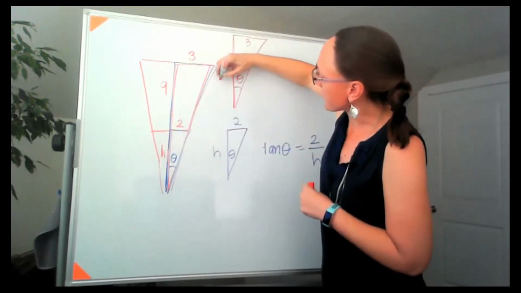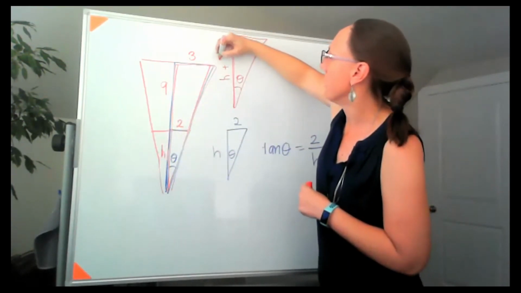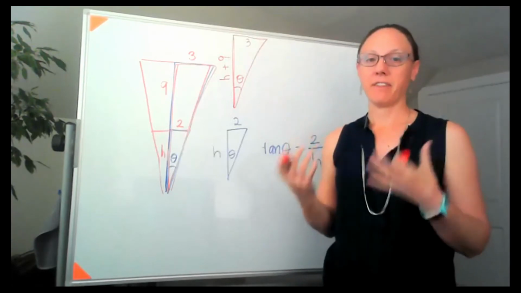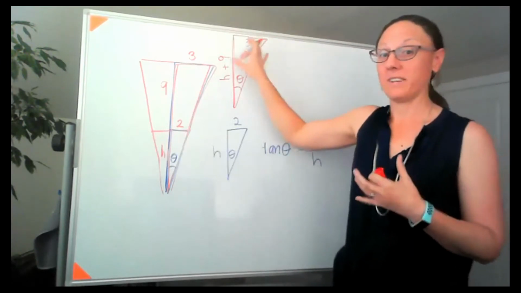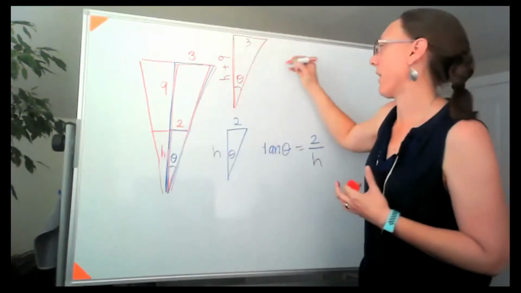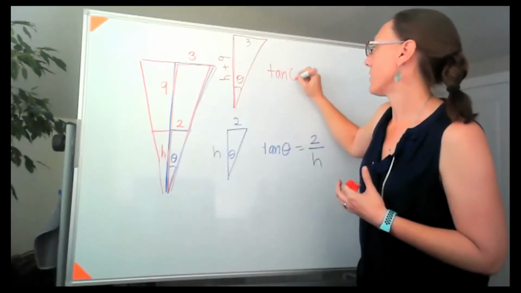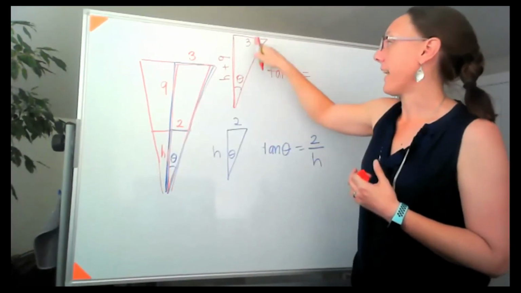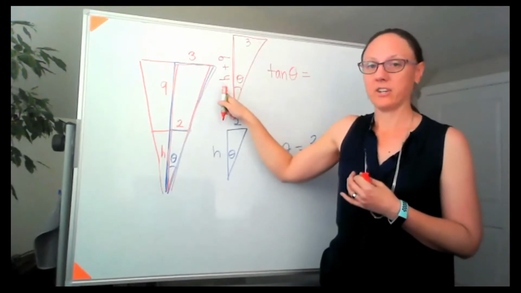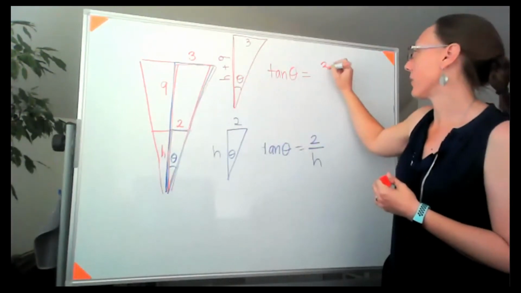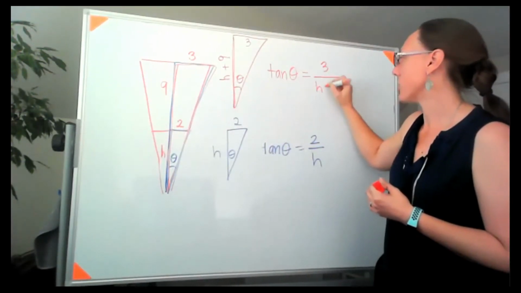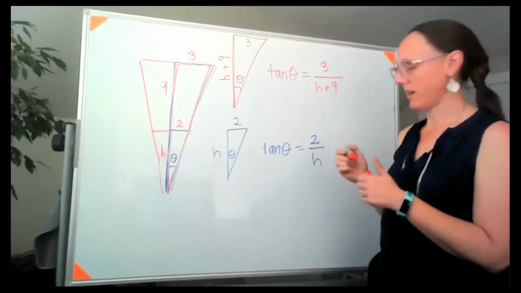So this whole side is h plus 9. And if I think about setting up what tangent of theta looks like for this triangle, if I stick with tangent theta, I've still got an opposite over adjacent side, or 3 over h plus 9.